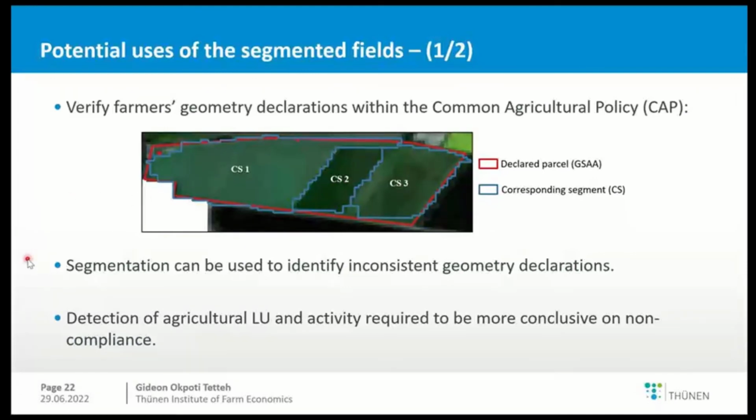Through segmentation, we are able to tell where there are some inconsistencies in the declarations of farmers. But it's important to say that to be more conclusive on whether there is some non-compliance or not, one must go a step further to identify the agricultural land use and activity existing on those segments.